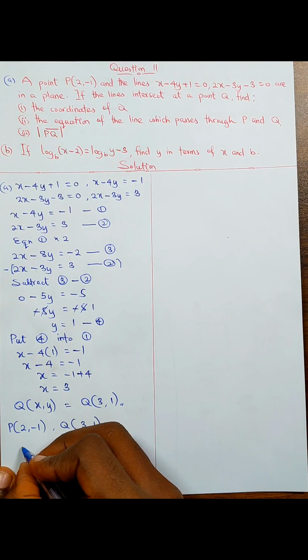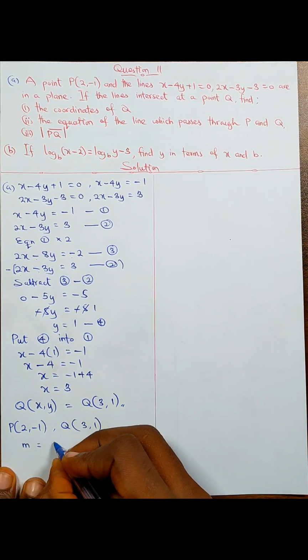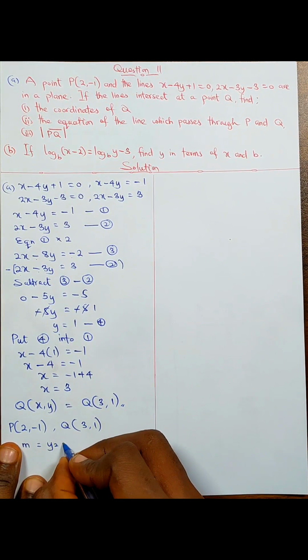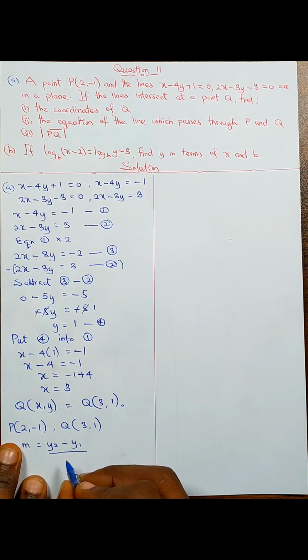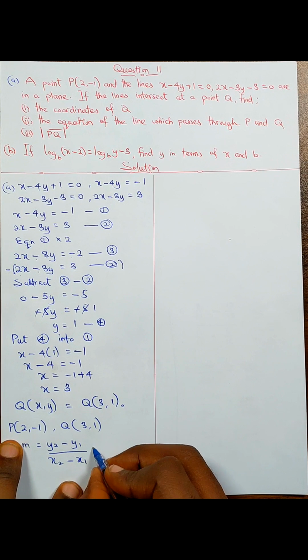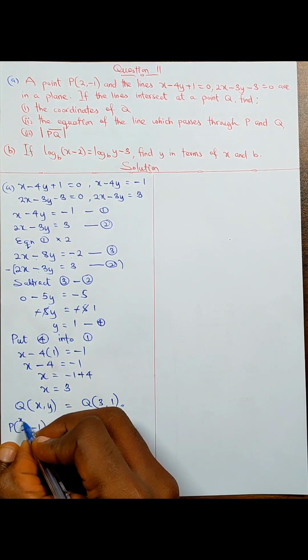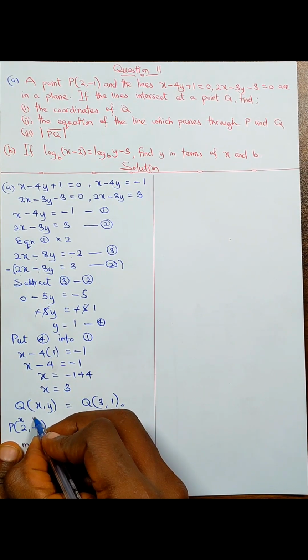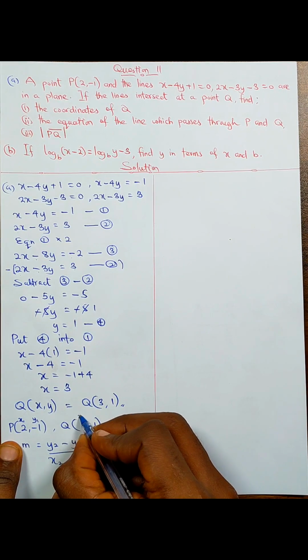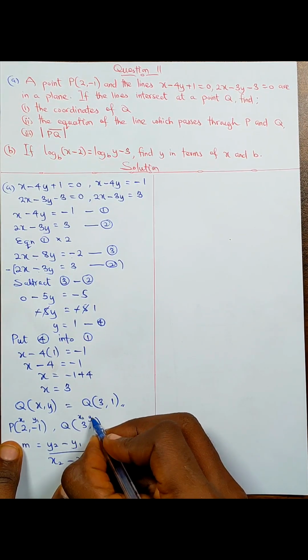We need the gradient: M = (y2 - y1)/(x2 - x1). I will label my P as (x1, y1) and then Q as (x2, y2).